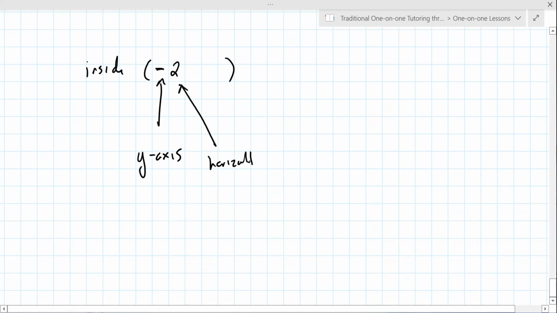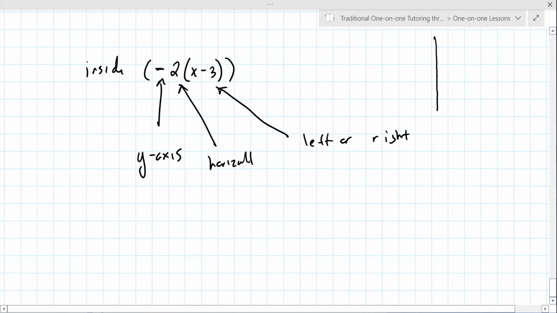If it's inside parentheses and there's a negative there, that means it's the y-axis. If there's a number there, that's a horizontal stretch. If there's an x minus a number, that's a shift left or right. So everything inside parentheses has to do with horizontal stuff.